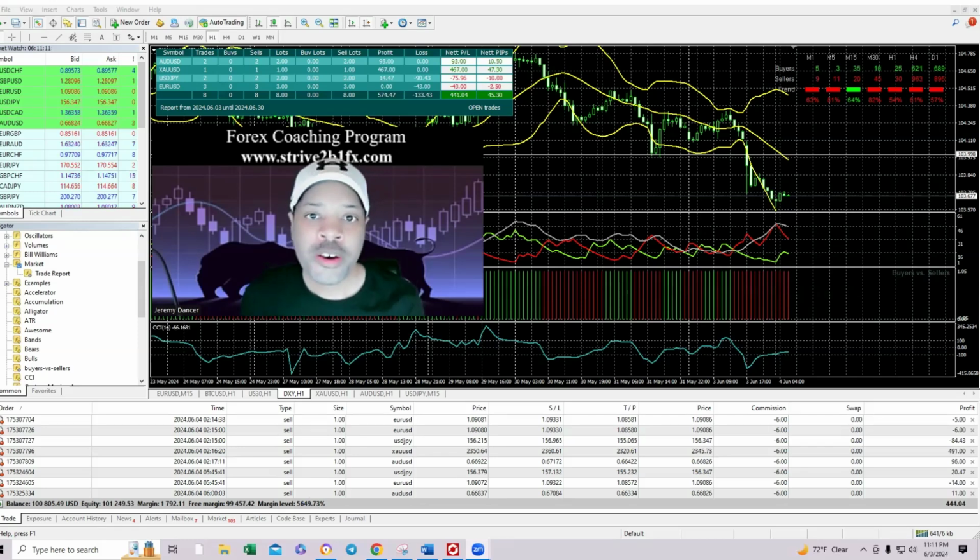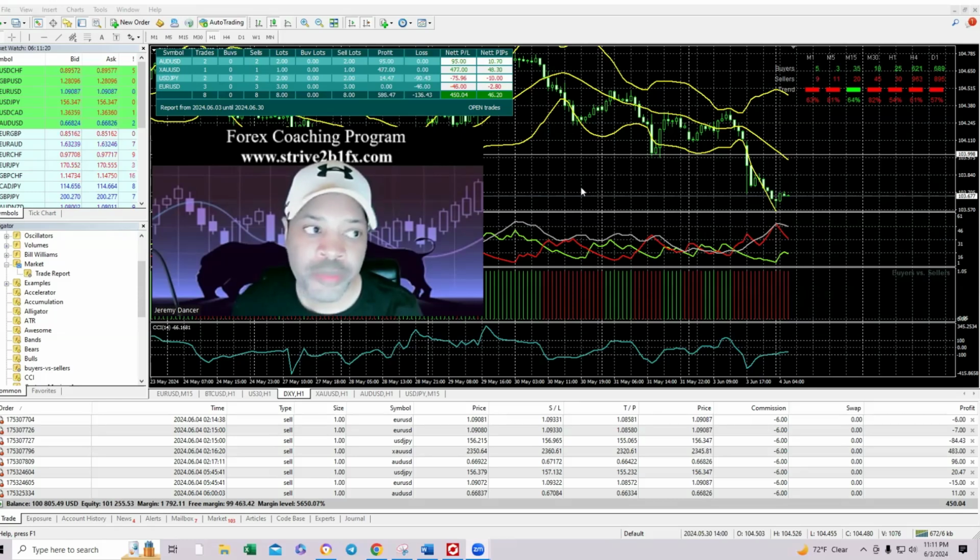All right, so for those of you who are new, this right here is my setup right now, and I am currently running Galileo. I use this trade report indicator to keep track of all my positions. So all the trades you see open right now are all through Galileo.